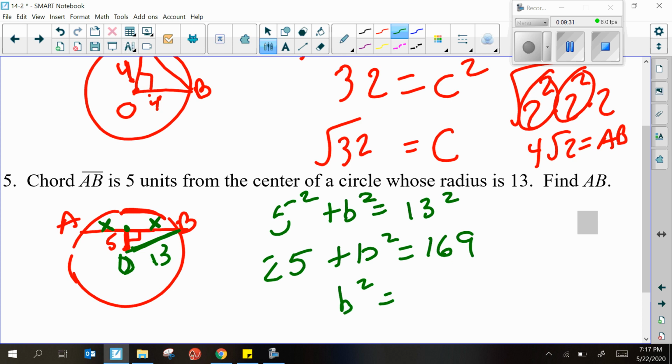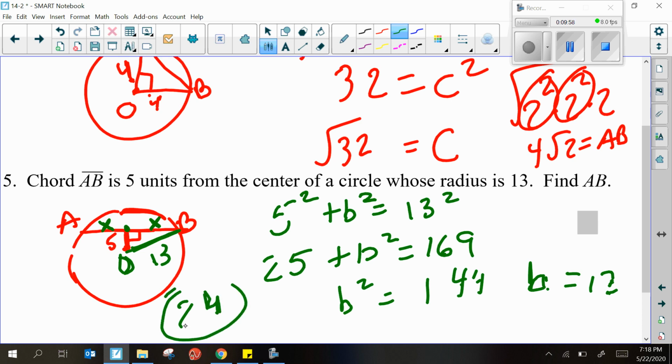B squared equals 144. So B is 12. That's not my answer though, because 12 is only half of it. I have to double. Remember, B is also the same as X, so I have to say 24 for AB.